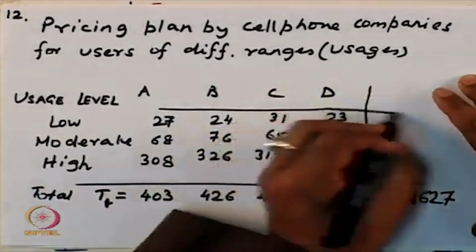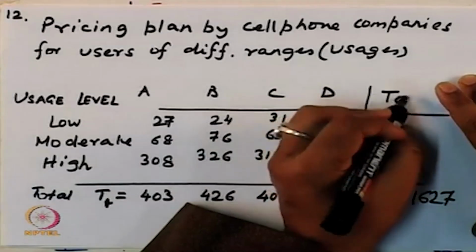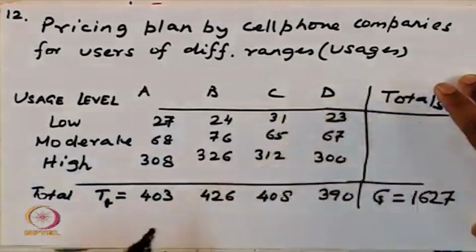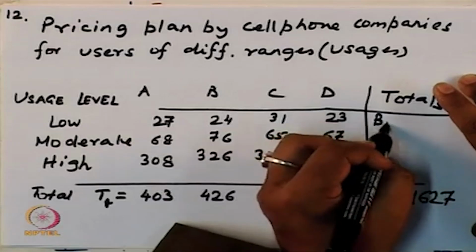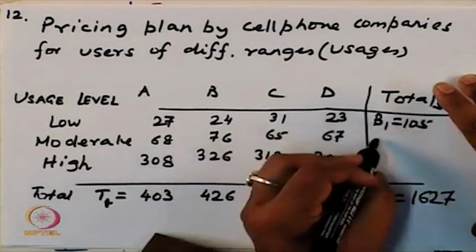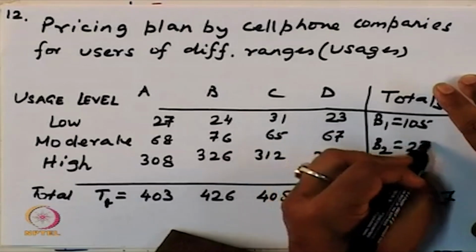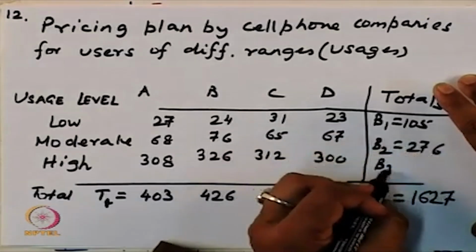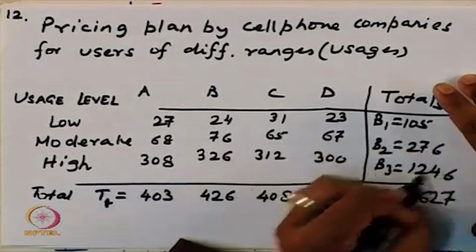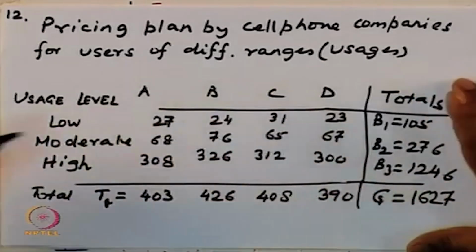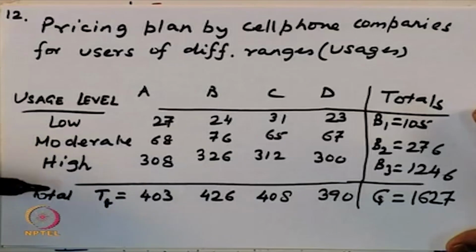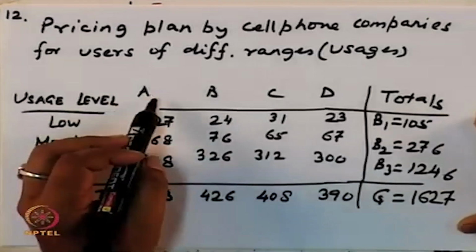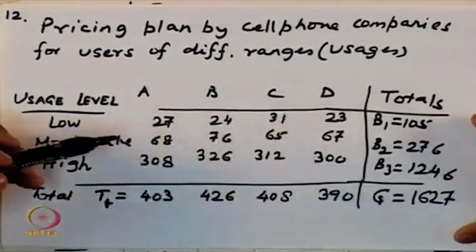But you can also make another panel called totals here, and this is B, a block average. B1 is 1055, B2 is 276, B3 is 1246. So you have 3 blocks as per usage levels, low, moderate and high, and 4 treatments, which are your companies and their pricing strategies.